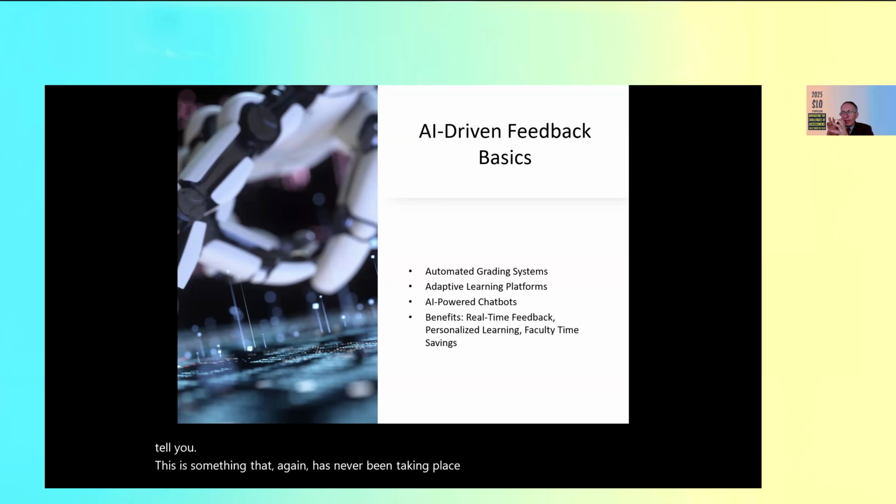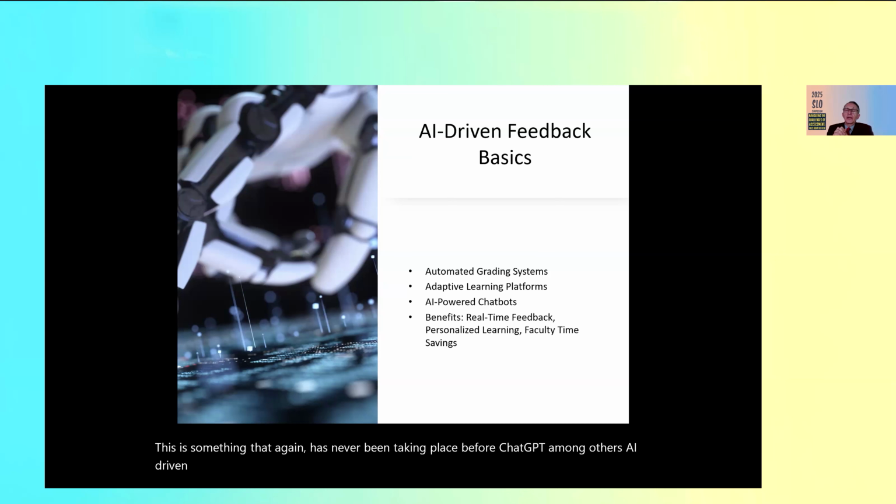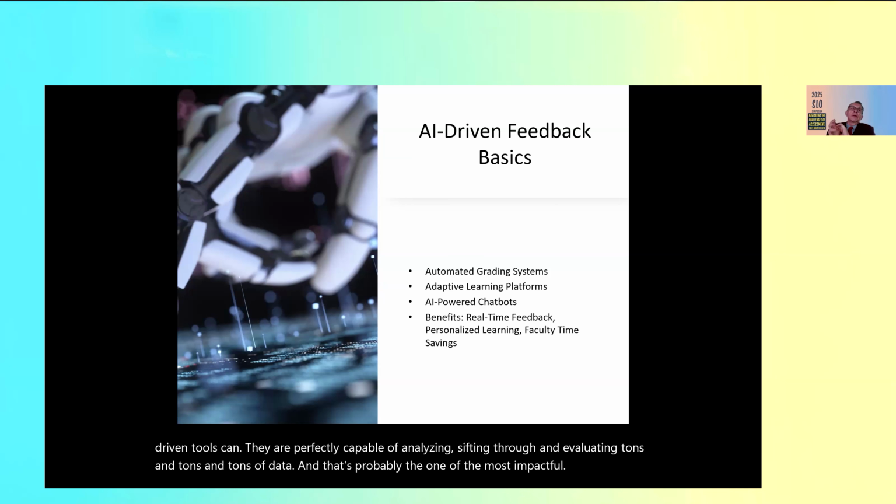ChatGPT, among other AI-driven tools, is perfectly capable of analyzing, sifting through, and evaluating tons and tons and tons of data, and that's probably one of the most impactful notions that comes to mind when I describe the automation of feedback.